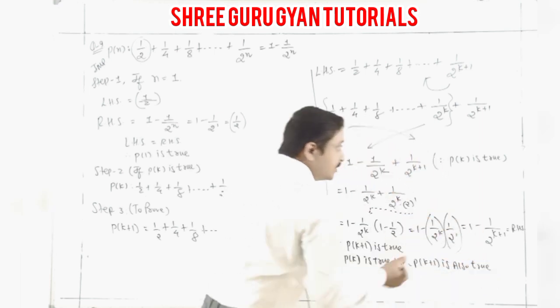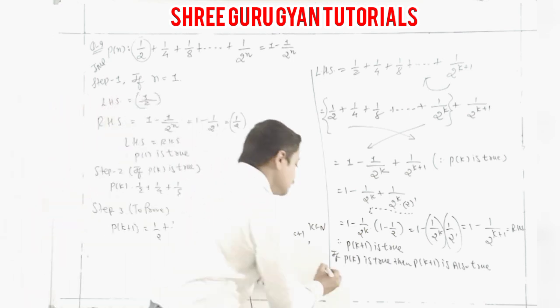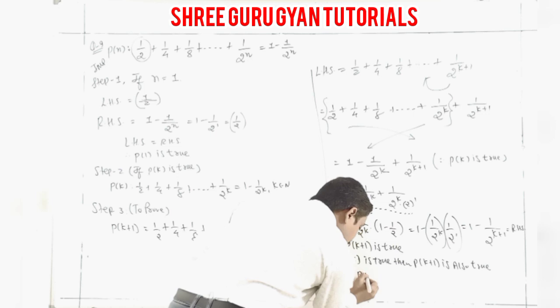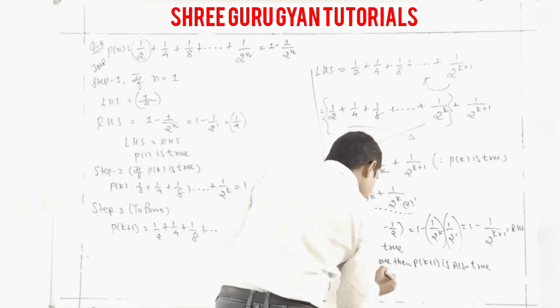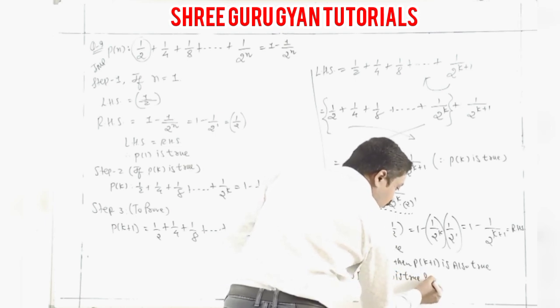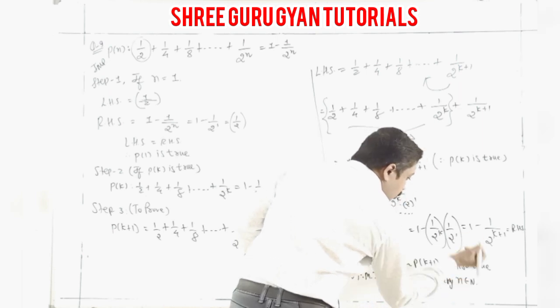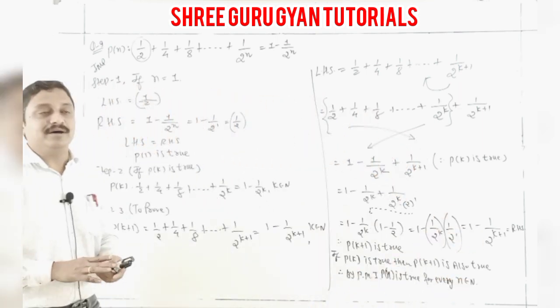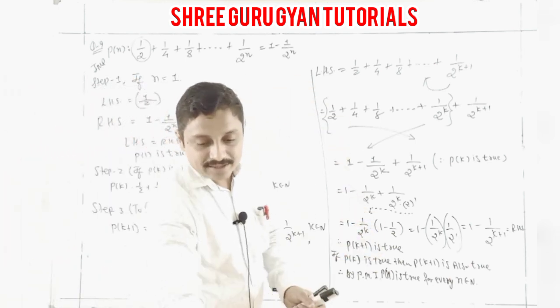Here students, our fast and easy last ending. So by PMI, Pn is true for every n belongs to natural number. And students, here our question 9 is happily done.